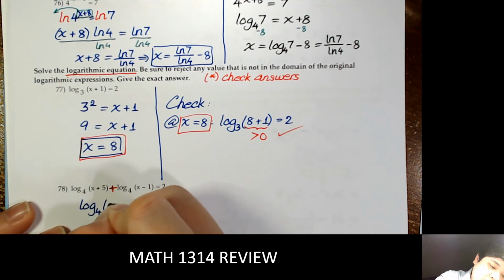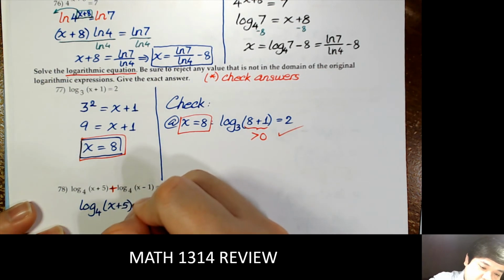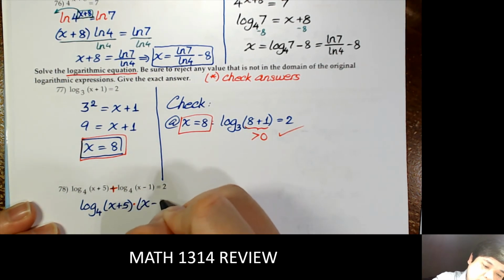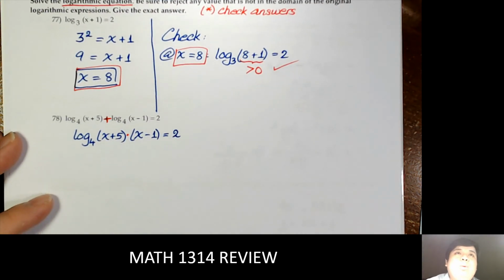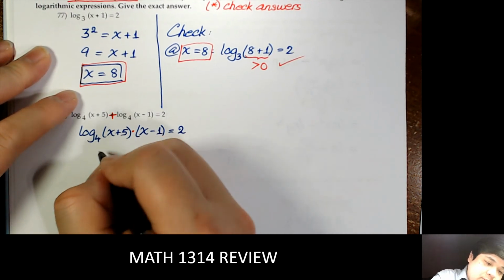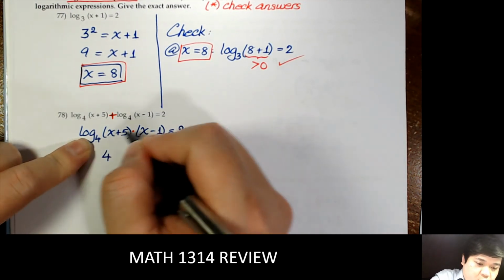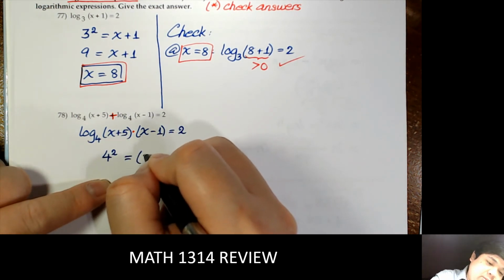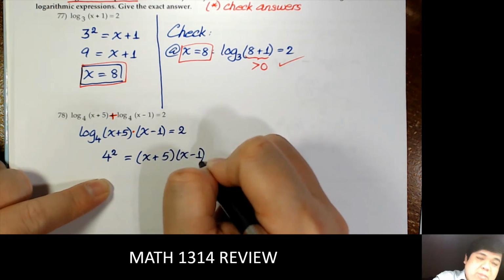Base 4, x plus 5 times x minus 1, equal to 2. Now we swap. Base 4, swap the 2 over. And then we have x plus 5 and x minus 1, swap to the other side.